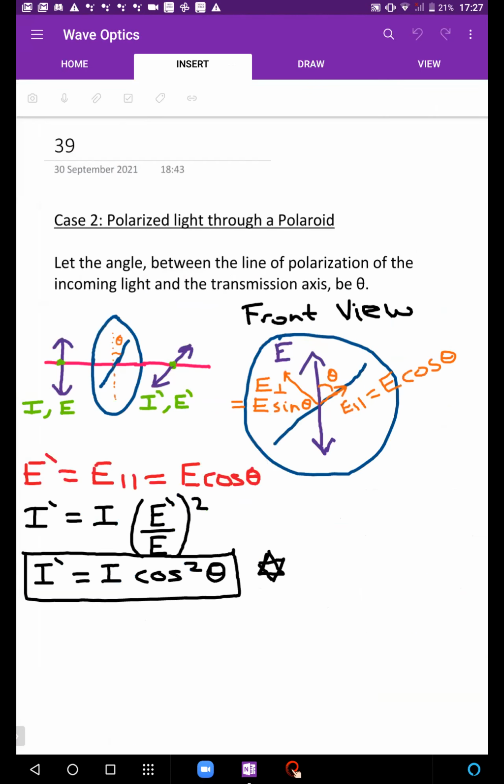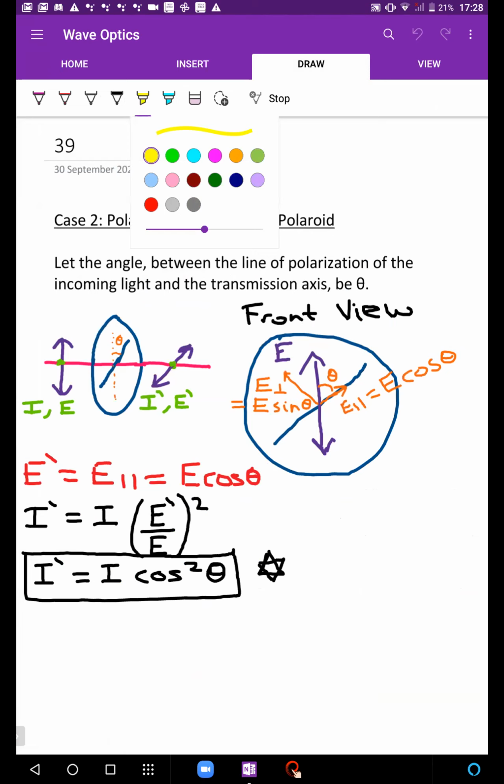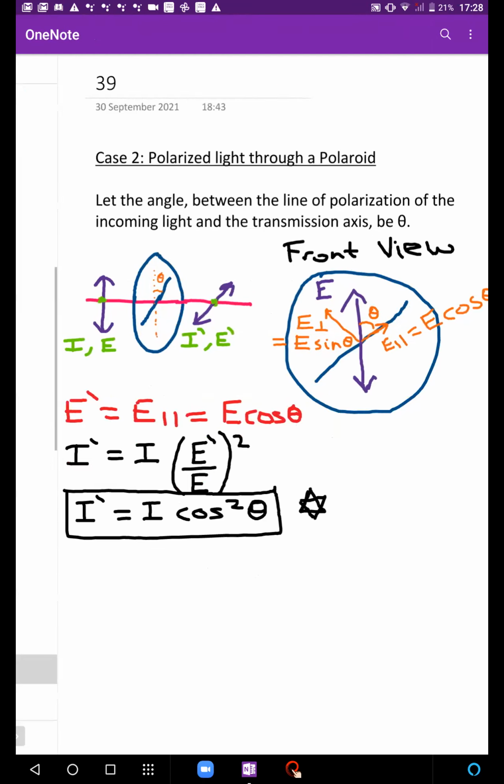On the other hand, when already polarized light passes through another polarizer, then intensity becomes I into cos square theta. So if the new polarizer's transmission axis makes an angle of theta with the original plane of polarization, then only I cos square theta remains. The idea is E cos theta remains. Hence I cos square theta intensity remains.